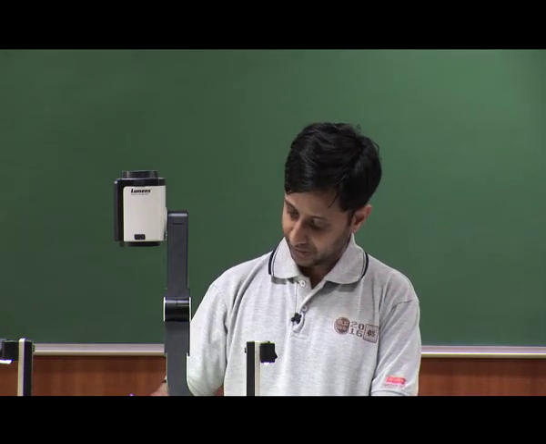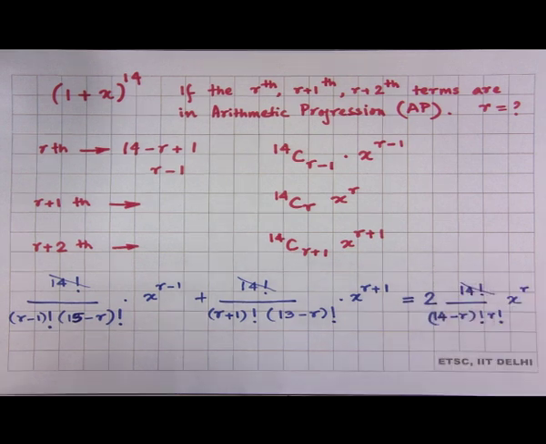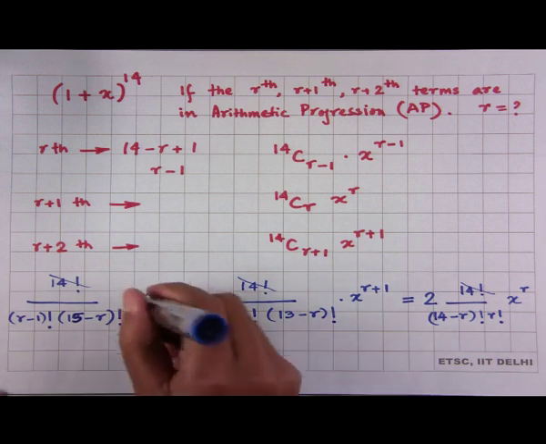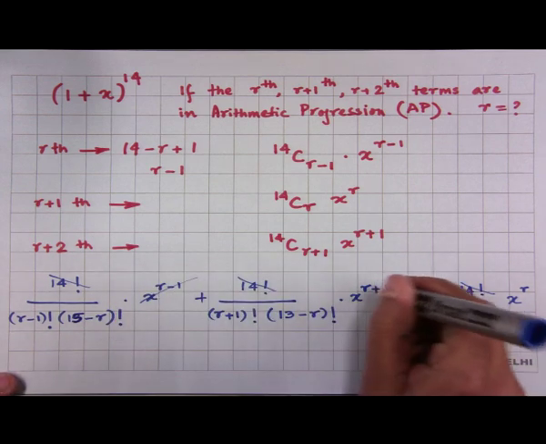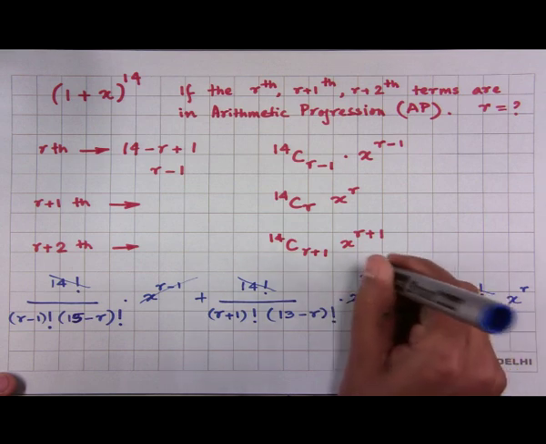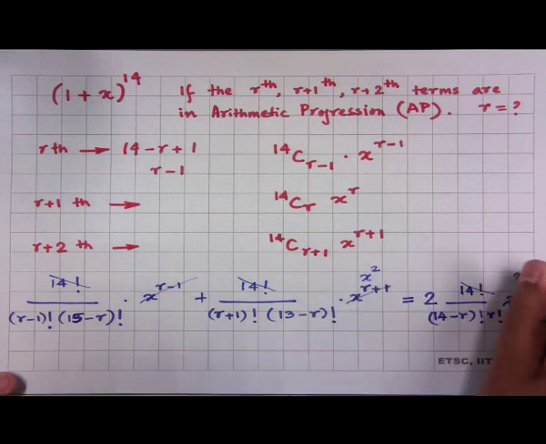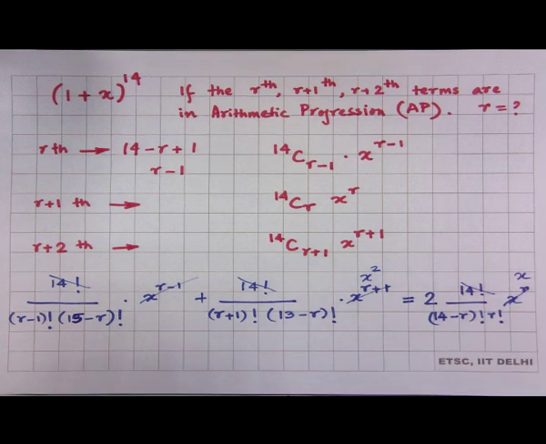So, one thing you can do is you can scratch out the 14 factorial from everywhere. The next thing you can do is you can scratch out x power r minus 1 from all over the place. Okay.